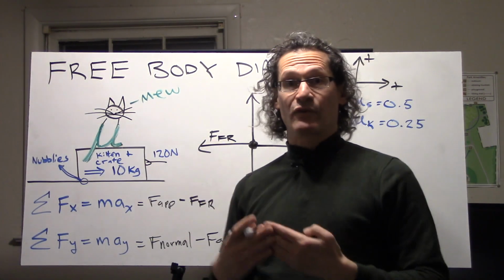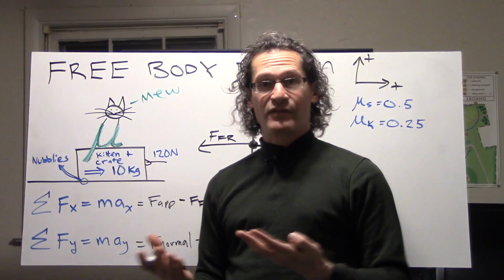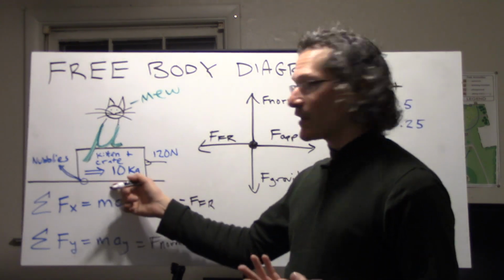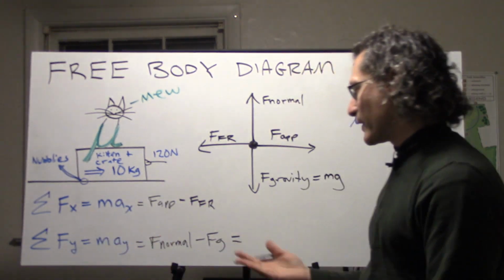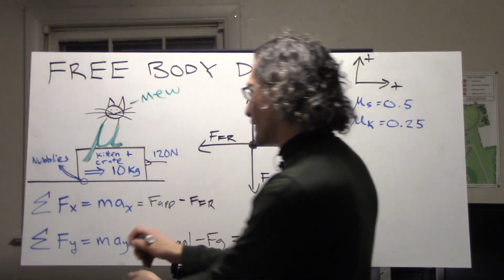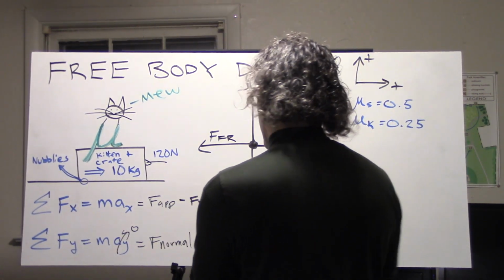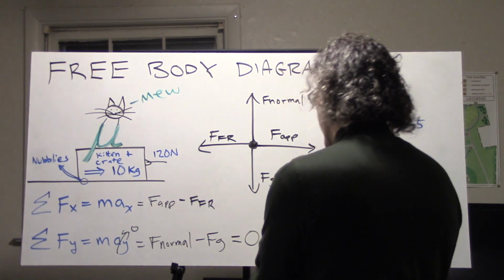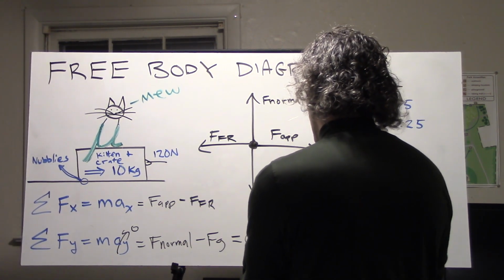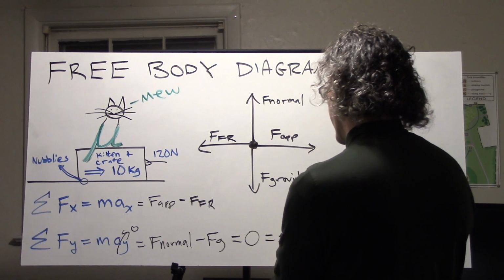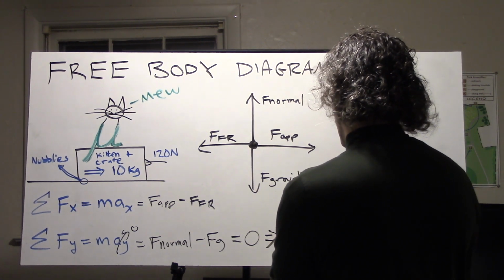If it's resting on the surface, it can't be accelerating vertically. By definition, it's going to be on the surface. So therefore, if we think of the physics, a is going to be 0 in this case. So this equals 0. And in this simple case here, we've got the force of gravity equaling force normal.